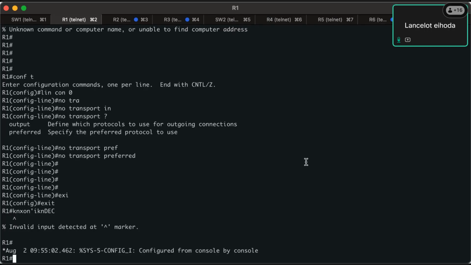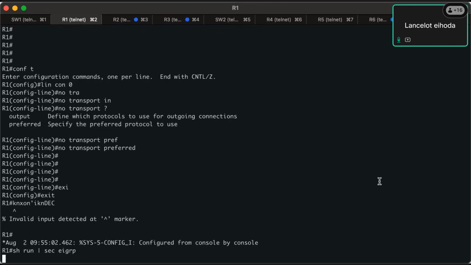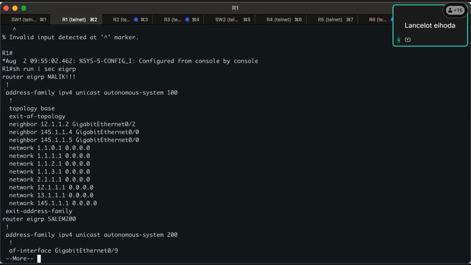Okay, so the problem is to summarize. Let's do this. Show run section EIGRP. So it's supposed to advertise it and summarize it in the AS100 domain, yes? Yes, so that'll be AS100.